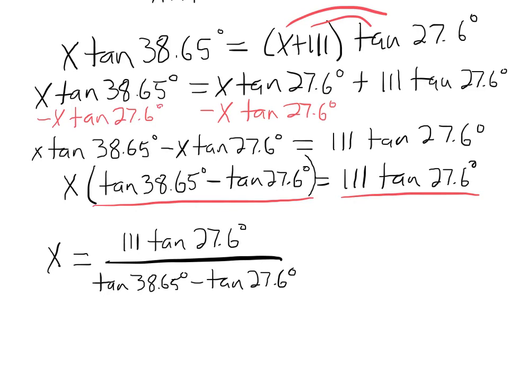This is now something we can plug into our calculator. That's crazy. And let's do that. What's important about this is that you put a parenthesis around the denominator, because this is going to have a lot of operations involved, and you want to make sure all of it is what's divided into the 111 tangent 27.6 degrees.